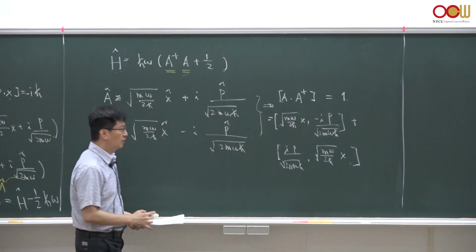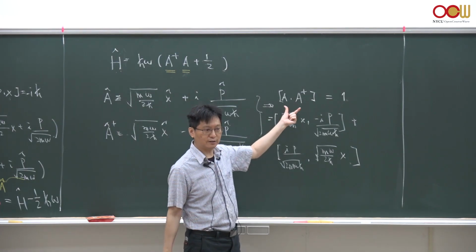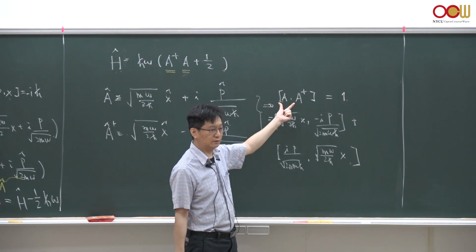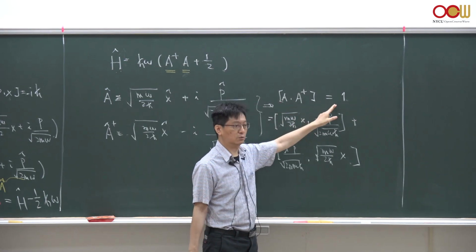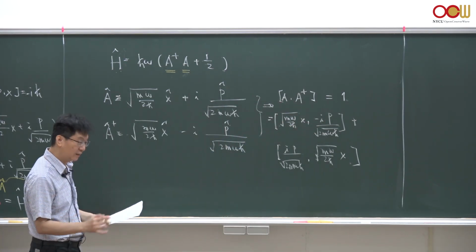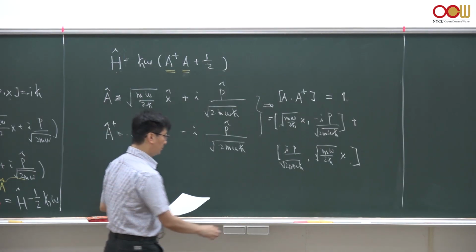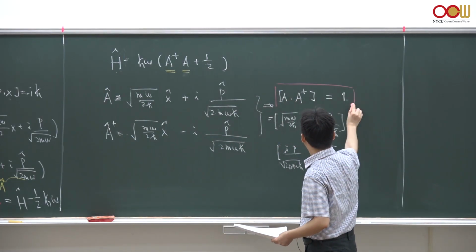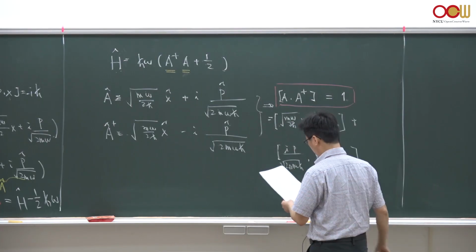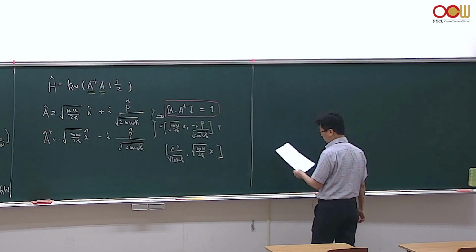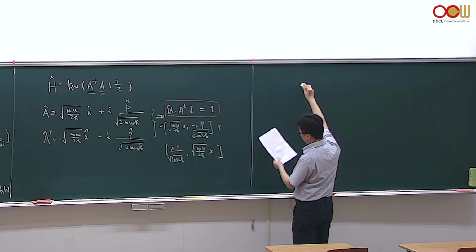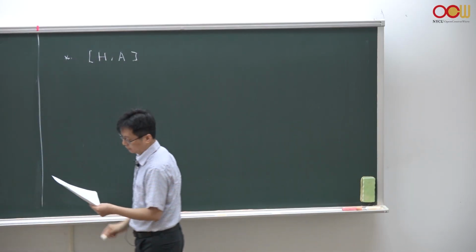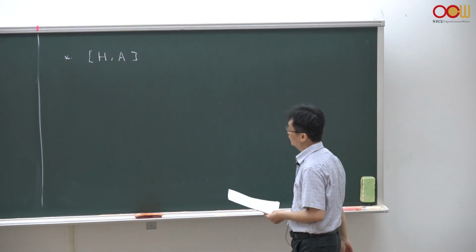Okay, so now you learn a lesson that A and A dagger do not commute, and the commutator between A and A dagger is 1. We will take advantage of such simple, elegant commutation relations, and we will study two different commutators. One is the commutator between H and A, another is between H and A dagger.